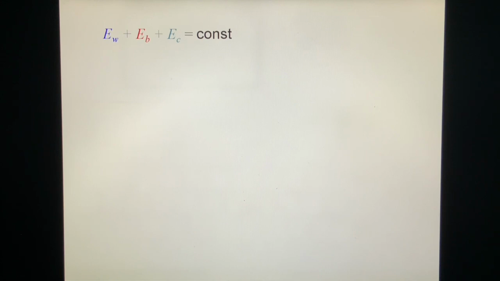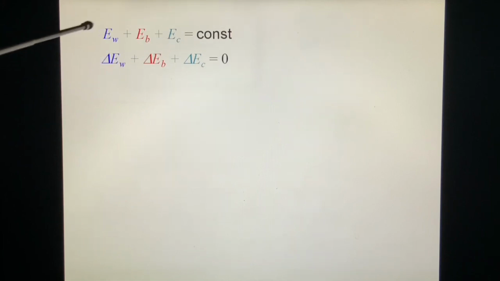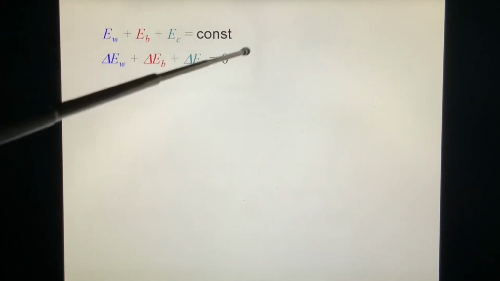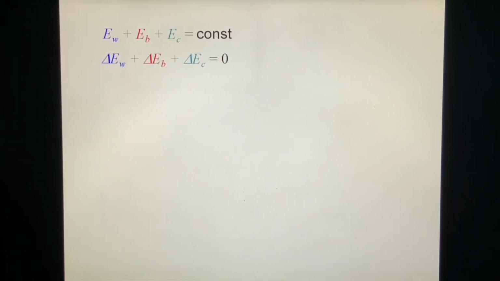And during the heating, they have changes, but the total change is zero. What is this change? This is the heat. We have only heat involved, no work involved.